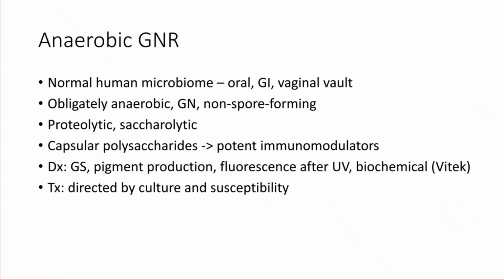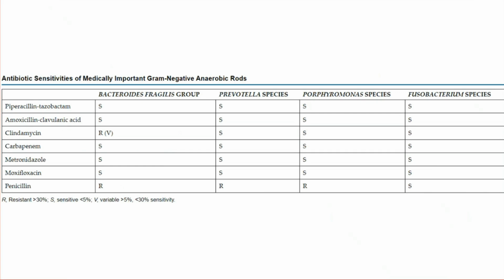They're part of your microbiome, repeating some of the things that we said. Therapy is directed by culture and susceptibility, pretty much similar, but I want you guys to see this one.